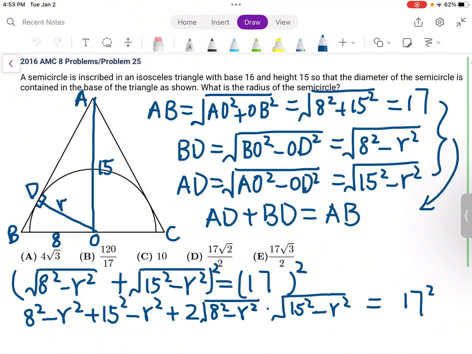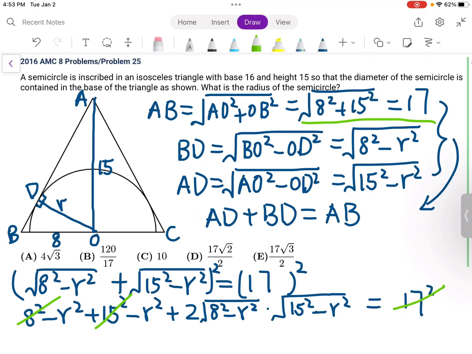Okay, now let's further simplify this. Because we already have 8 square plus 15 square equals 17 square, here we can cancel this out.